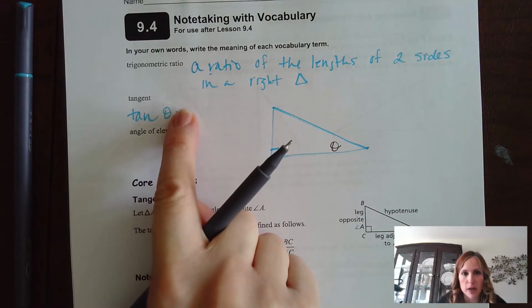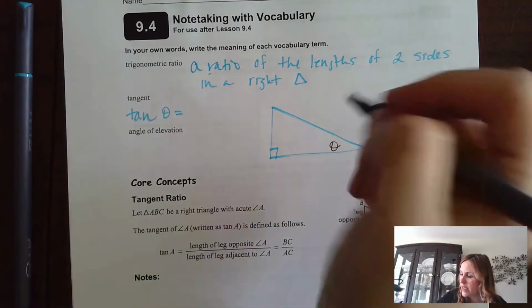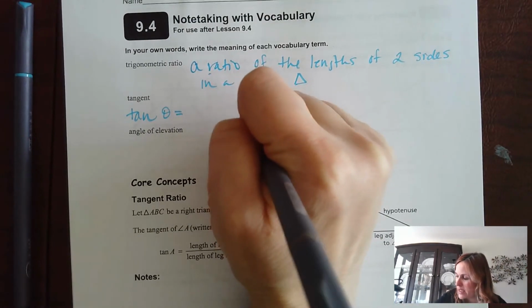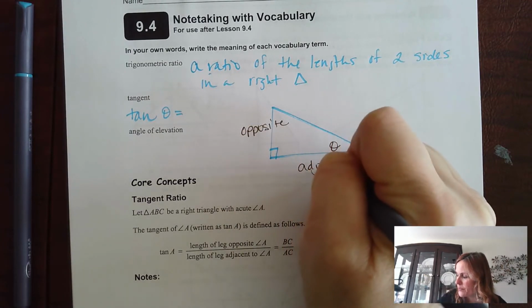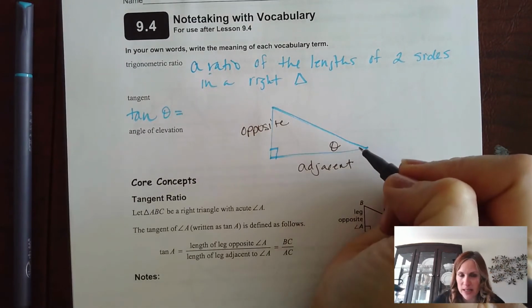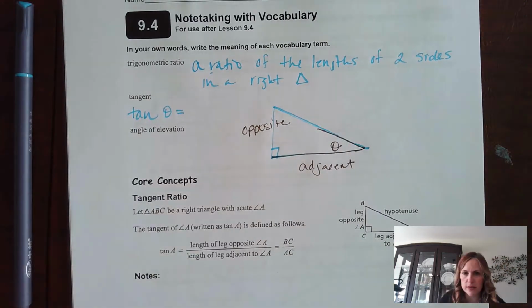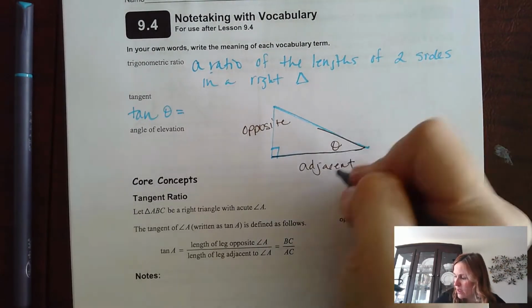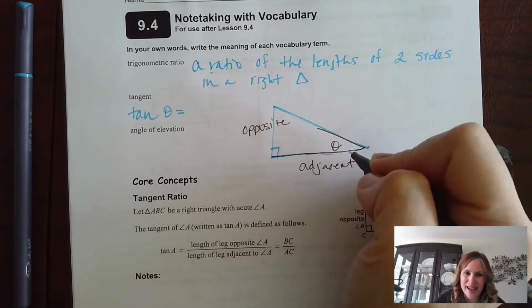It's tangent of something. So tangent of an angle in a right triangle is the relationship of the opposite side over the adjacent side. There are three parts to the sides of your triangle. Wherever you put your angle, the leg that's next to the angle is called our adjacent side. Adjacent means next to.